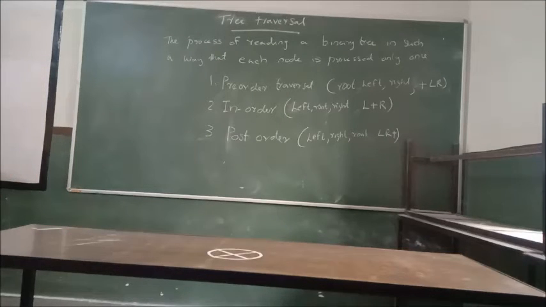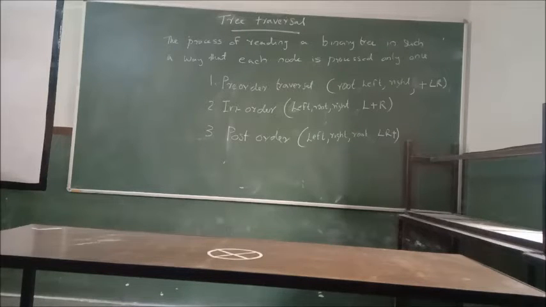Traversal means the process of reading a binary tree in such a way that each node is processed only once. So there are three types of traversal: pre-order, in-order and post-order traversal. In the case of pre-order traversal, we read the root first, then left node, then right node.